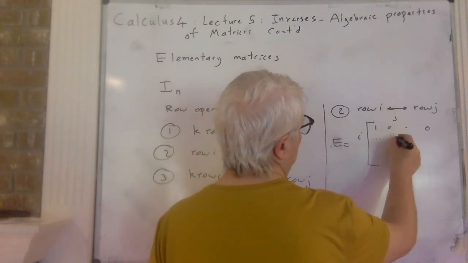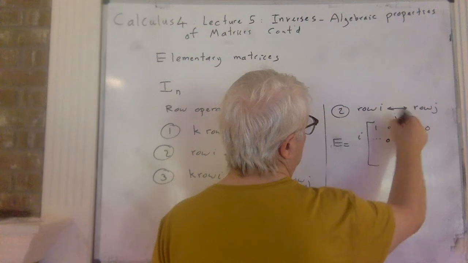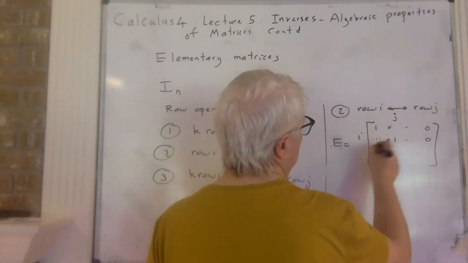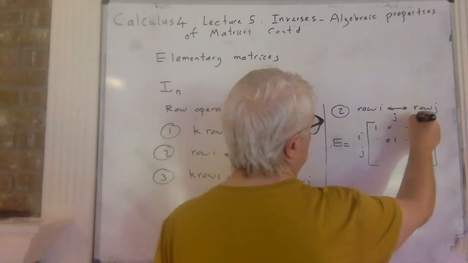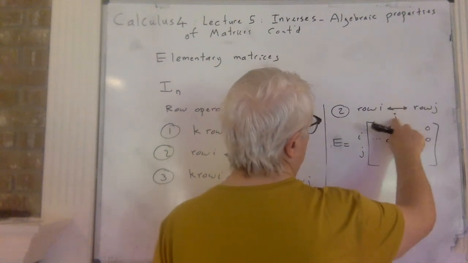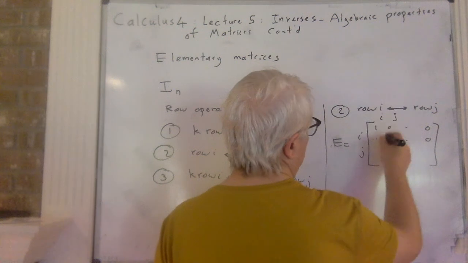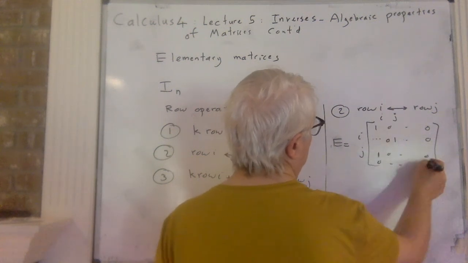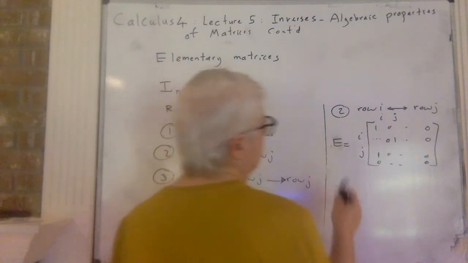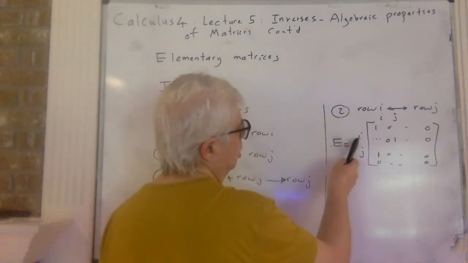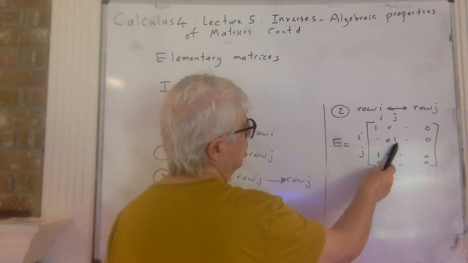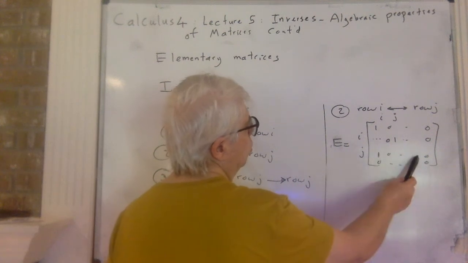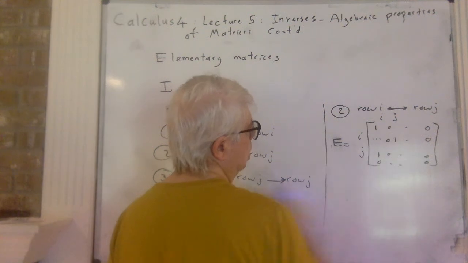I have 1 here, the jth column, and then if this is j, this is i say. Then I have 1 here, then 0, 0, and 0. You see, this i was here, so it goes here. And the jth row, the j, I was at the row j, then it comes here.